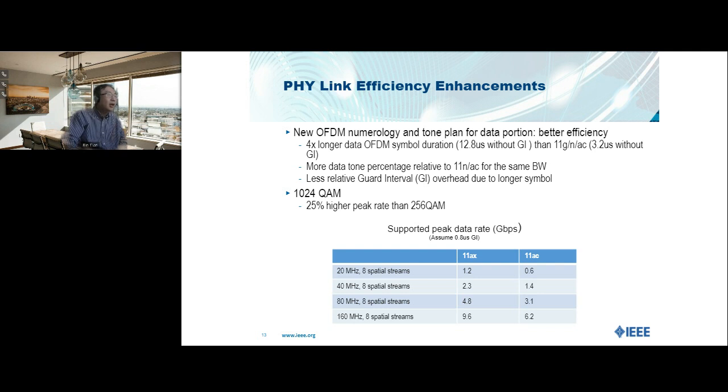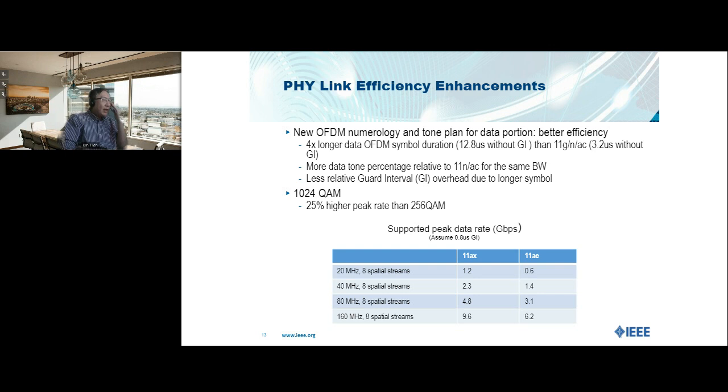Another way we improve this is that we introduce 1024 QAM, which gives 25% more peak throughput than the 256 QAM of 11ac.